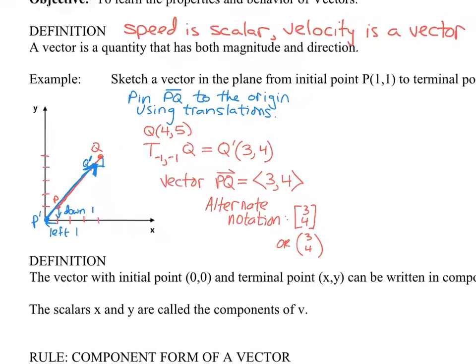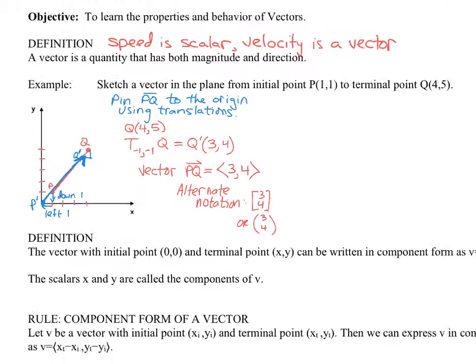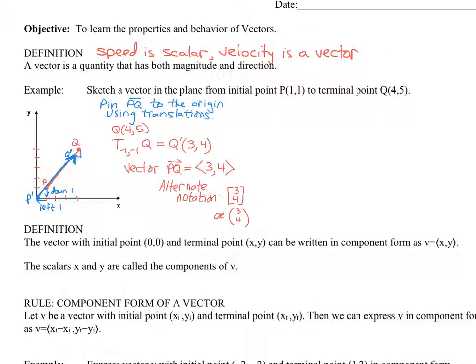I don't plan on using that notation in this class, but if you take linear algebra next semester, you're going to learn about vectors again, fun fact. They're going to use that notation because that's matrix friendly. These create column vectors which go right into a matrix. So you can get the properties and characteristics down from this course, but you'll have to get used to new notation.